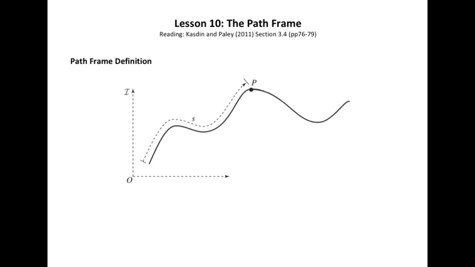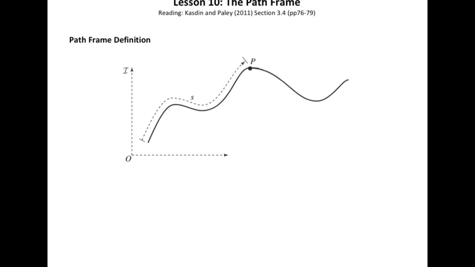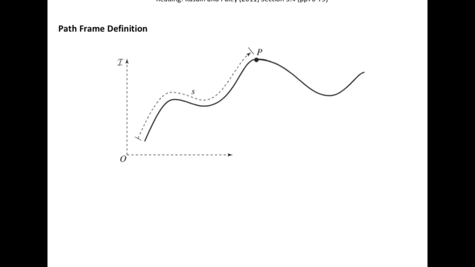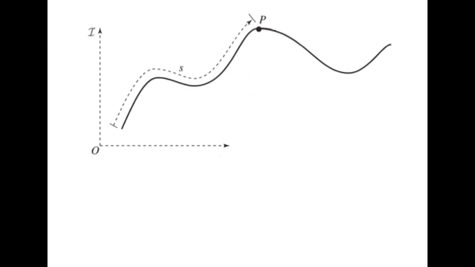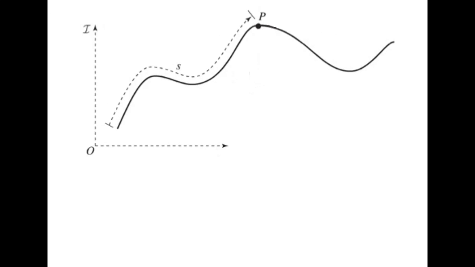So let's start out simply by defining our reference frames. Always we have to define our inertial reference frame, and here we see the standard up and to the right axes that we've seen before. We'll call this E1 and E2. And so our inertial reference frame, I, has an origin of O, and the basis vectors E1, E2, and E3.